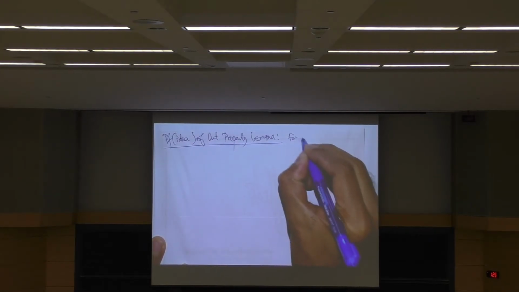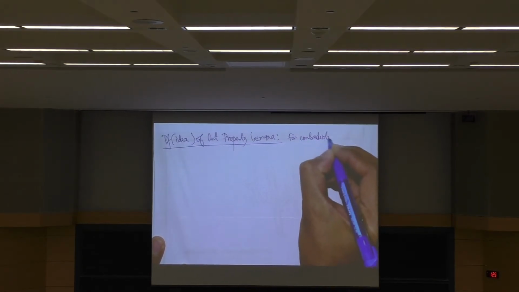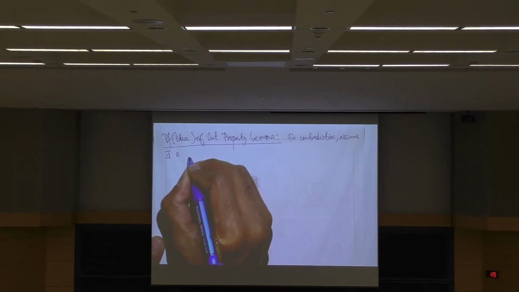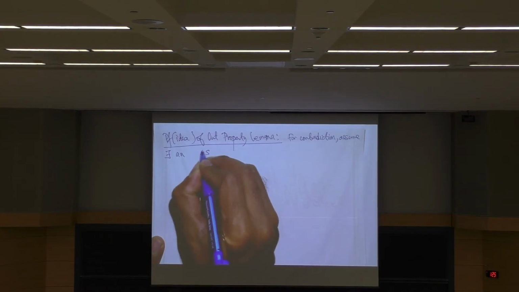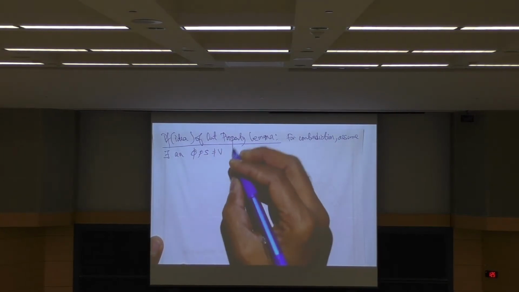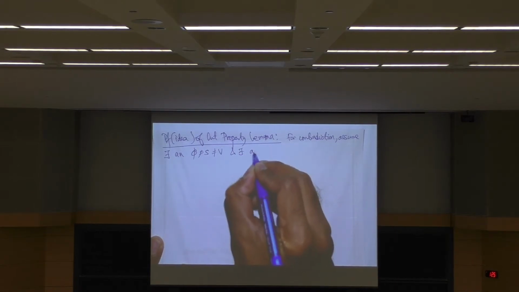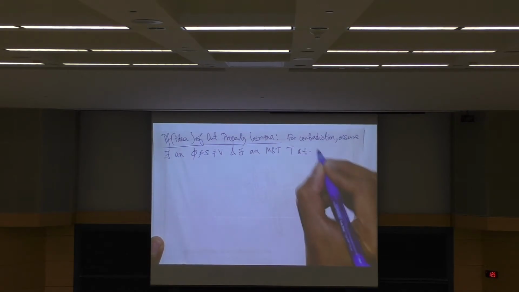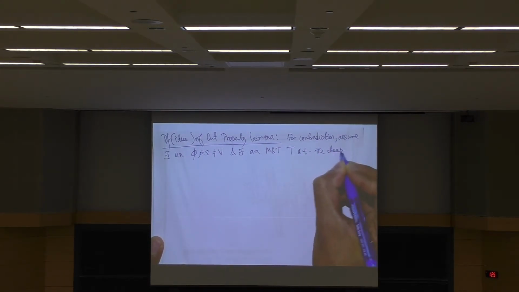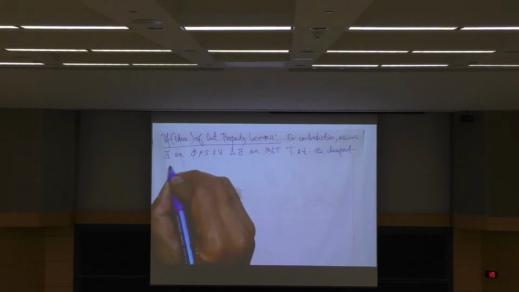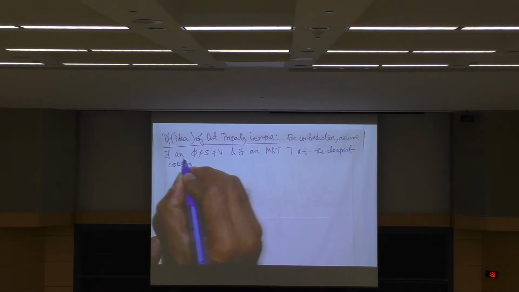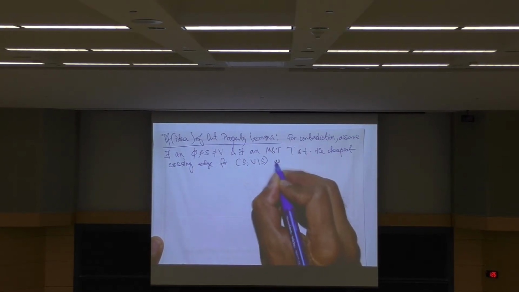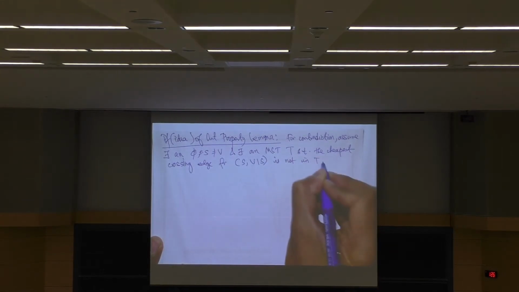So for contradiction, assume there exists an S that's not empty and that's not everything, and there exists an MST T such that the cheapest crossing edge for the cut S and everything else is not in T. Okay.